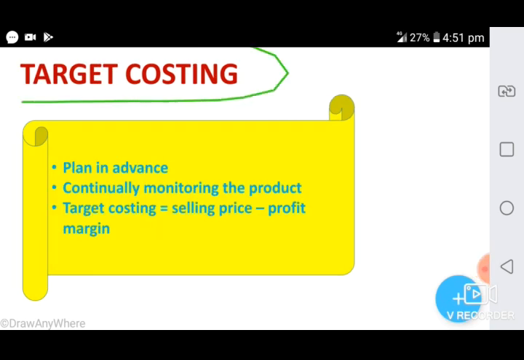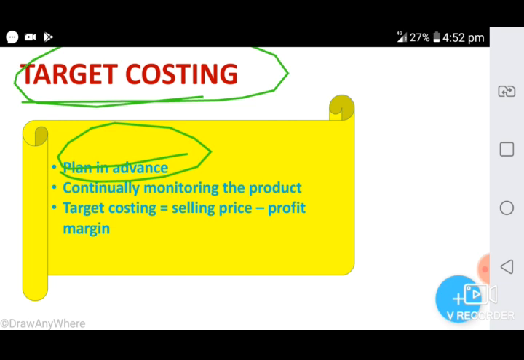Next one, target costing. It is considered one of the most important tools for achieving consistent profitability in a manufacturing environment. Under this method, a company plans in advance the price point, product cost and margin to achieve for a new product.